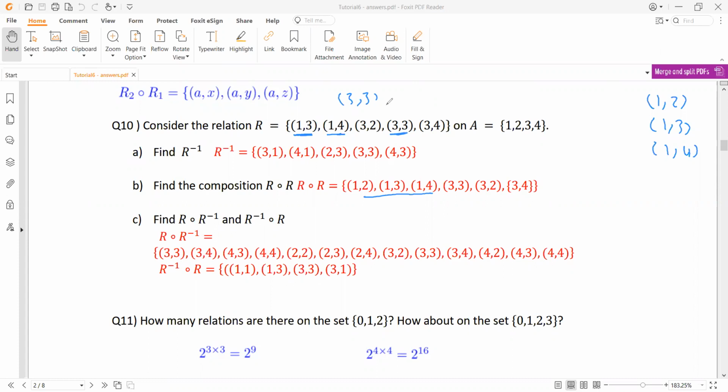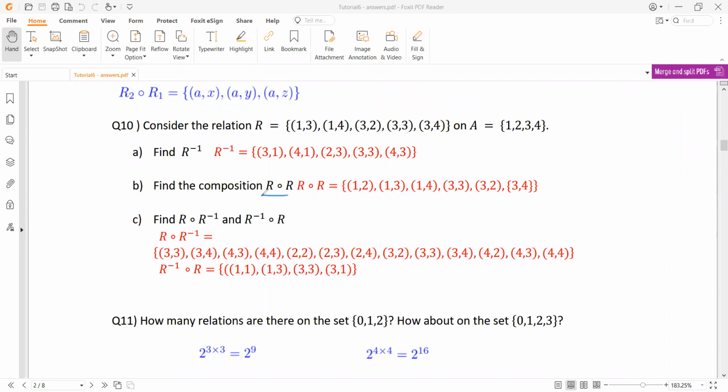With itself, it generates 3, 3, and with 3, 2, it generates 3, 2, and with 3, 4, it generates 3, 4. So those are all the elements inside the composition of R with itself.